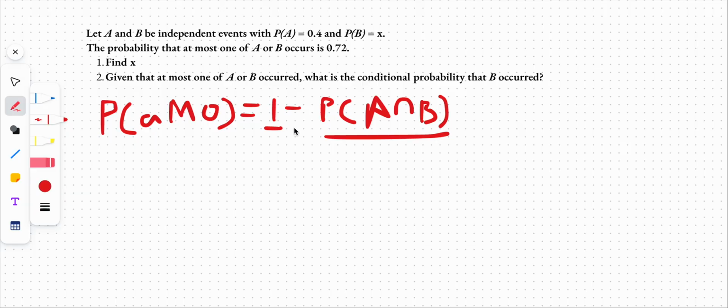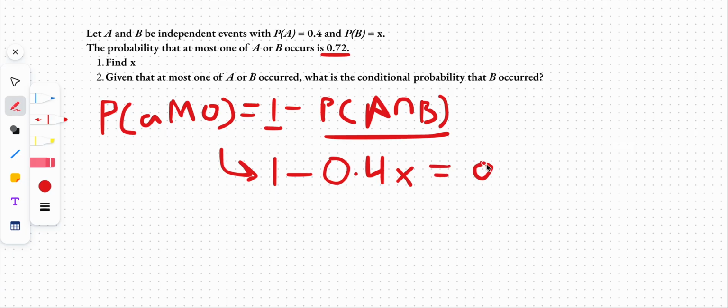Because these two are independent events, you can just multiply these together, which would be 0.4 times x. So 1 minus this is equal to that, and because the probability of at most one is 0.72, we can set this equal to 0.72.